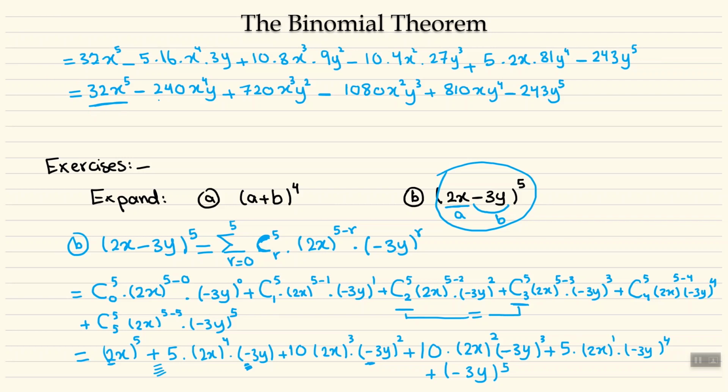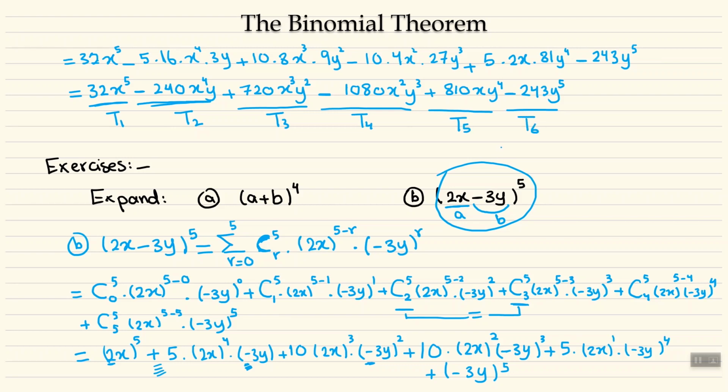Now, notice with me that here, this answer is actually composed of 6 terms. We have 6 terms here. This is called T1, the first term, and this is called T2. Here this is T3, here this is T4, and here this is T5, and here this is T6.